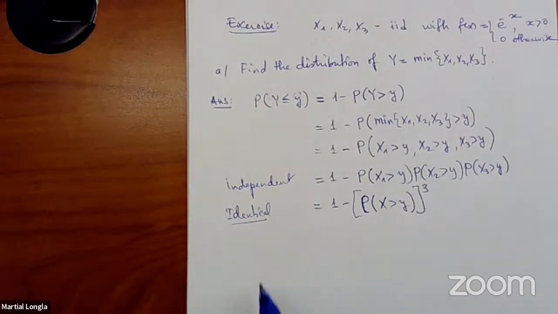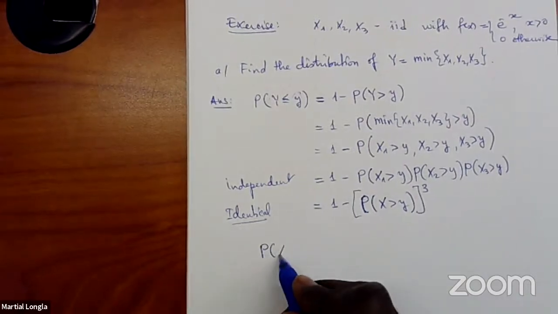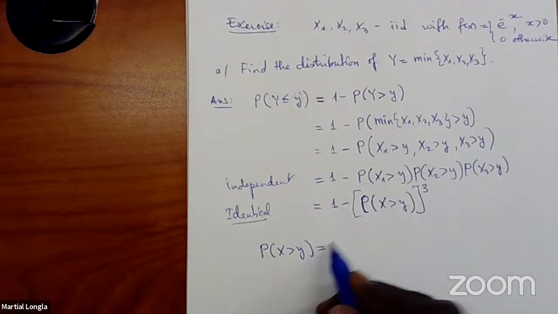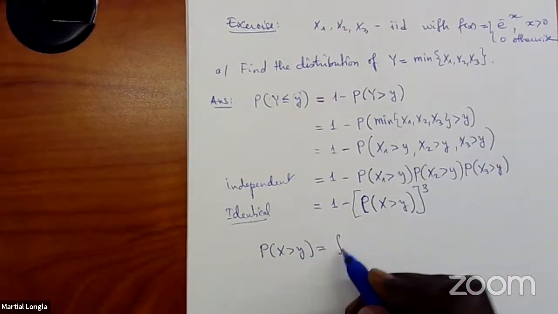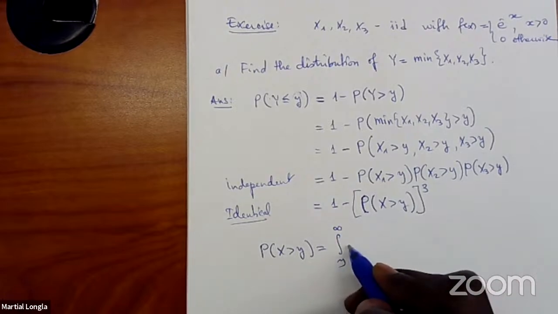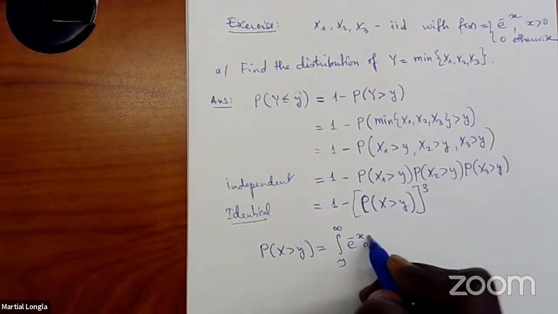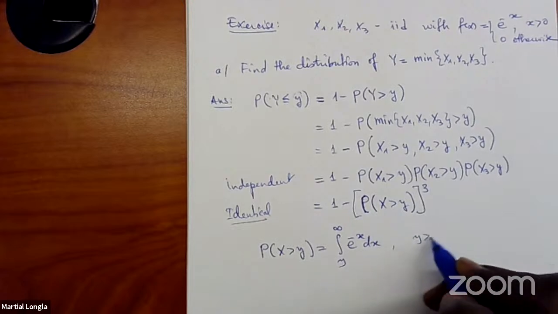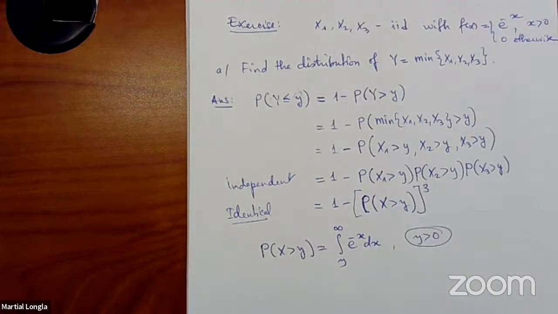And you can compute the probability that x is larger than y. From that, it's the integral from y to infinity of e to negative x dx, provided that y is positive.